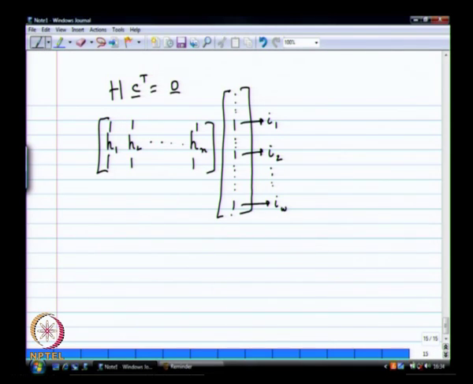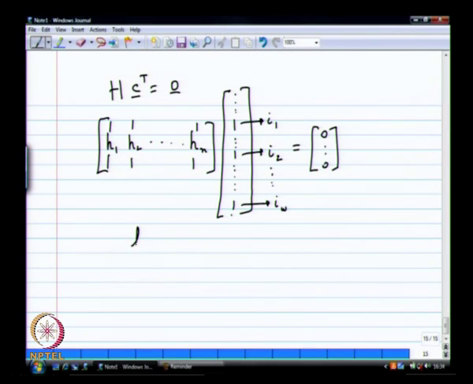Okay. So, you have n positions in the code word, and there are only W ones, everything else is 0. The W ones occur at the I1th place, I2th place, so on till IWth place. Okay. So, what happens actually when I do this multiplication?